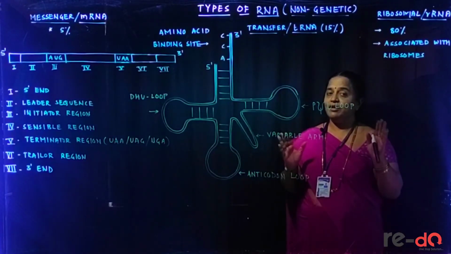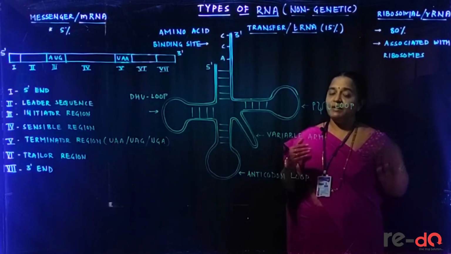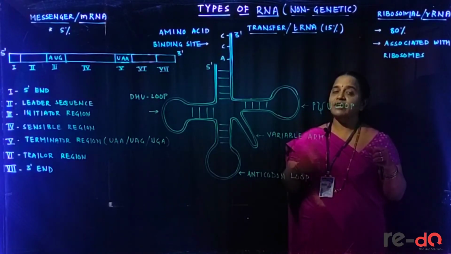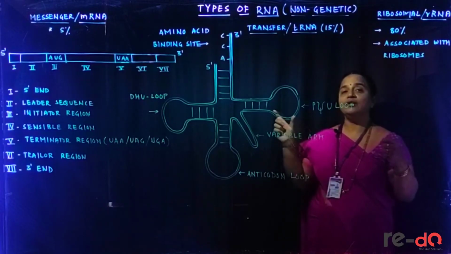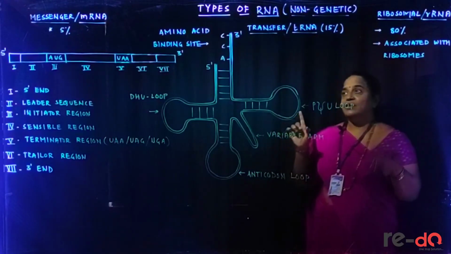So remember the location of tRNA, cytoplasm. Multiple tRNAs are available. They are called transfer because they carry activated amino acids towards ribosomes according to the triplets exposed on the messenger RNA.